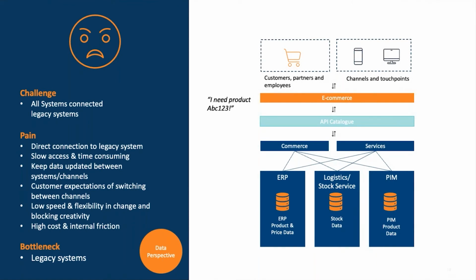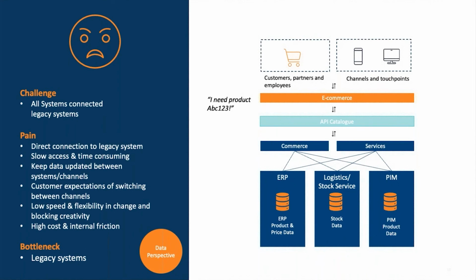Now, if the e-commerce application asks for this data just as the customer visits a product details page, the response will be slow. To get around that, point-to-point integrations are often created, making sure the e-commerce platform has the information it needs when it's requested.